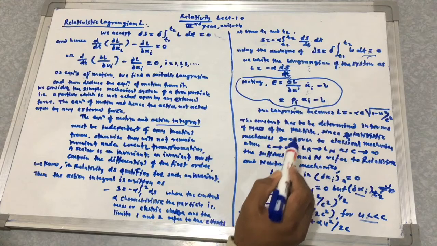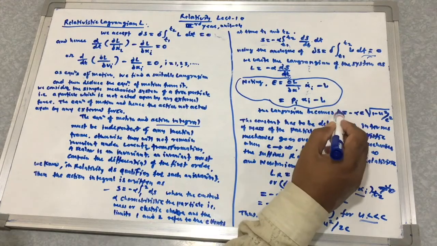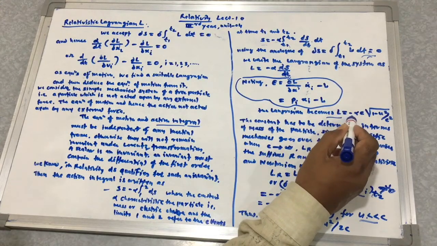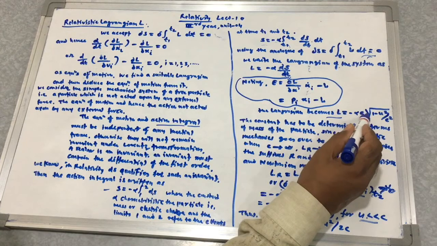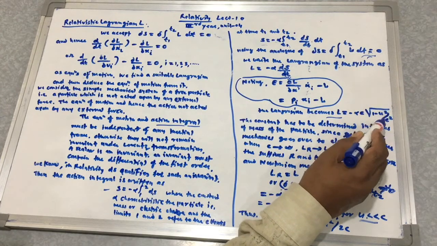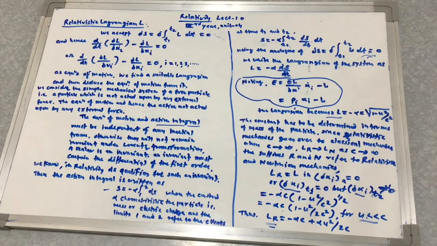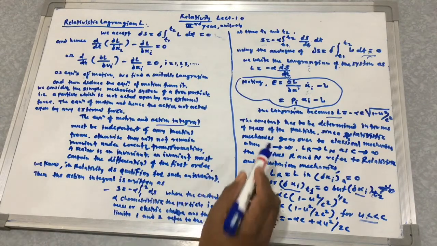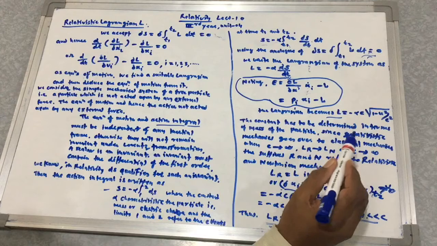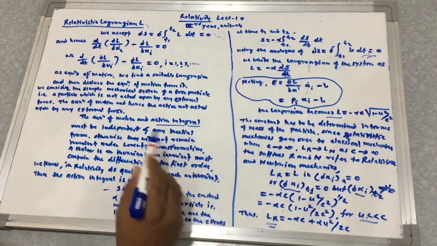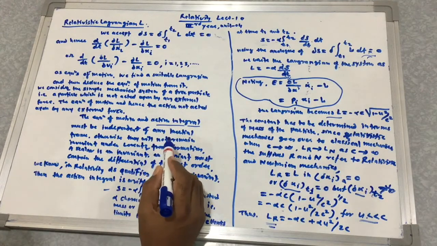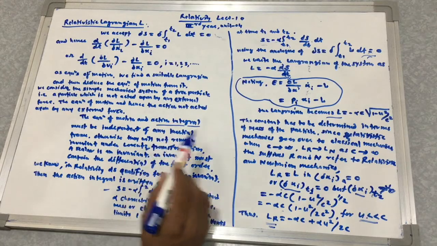We have to note this, and the Lagrangian becomes L = -α c √(1 - u²/c²). This constant has to be determined in terms of the mass of the particle, and hence relativistic mechanics goes over to classical mechanics.